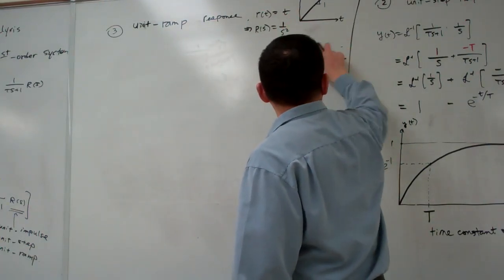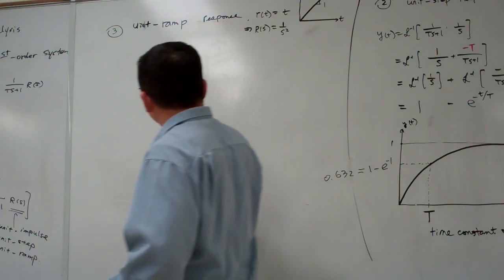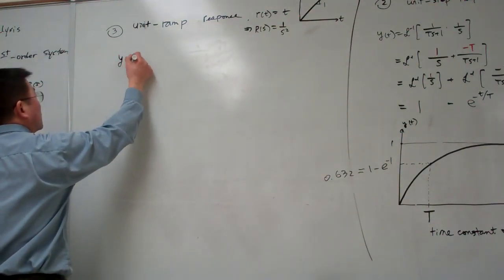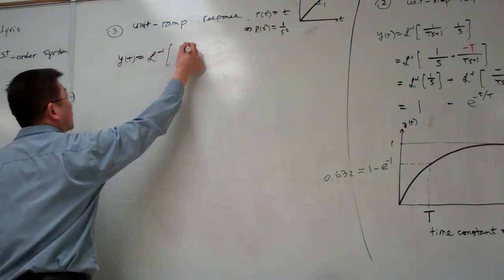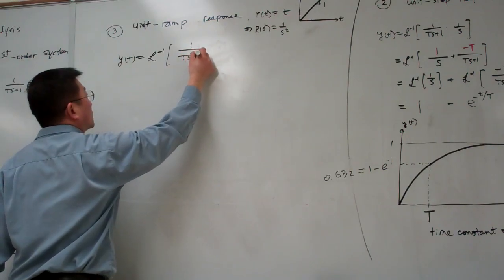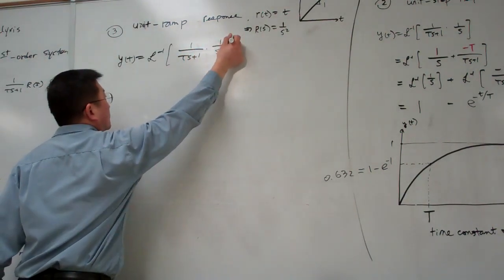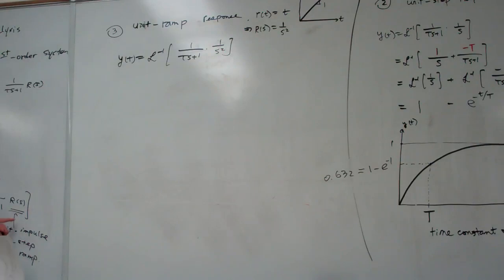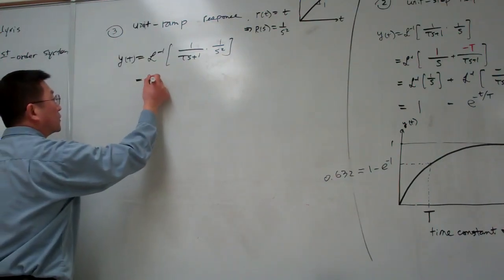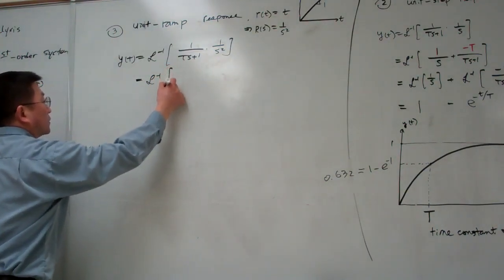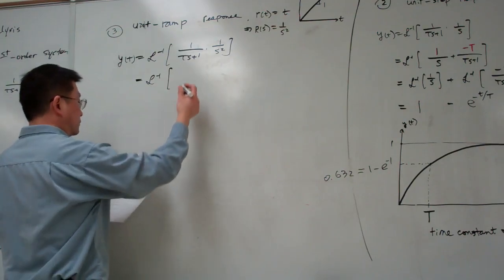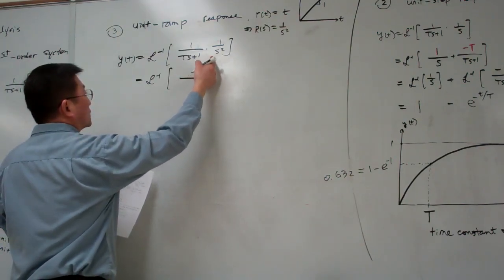So now we see how we can calculate y(t), equal to the Laplace inverse of 1 over (Ts plus 1) times s squared. Here we introduce R(s) equal to 1 over s squared. Then we do the calculations. We can convert it into a few terms.